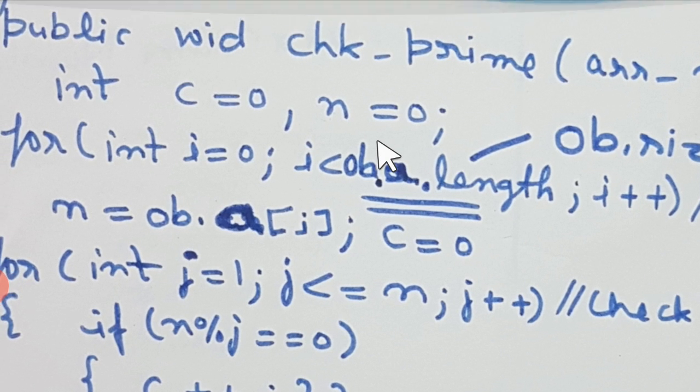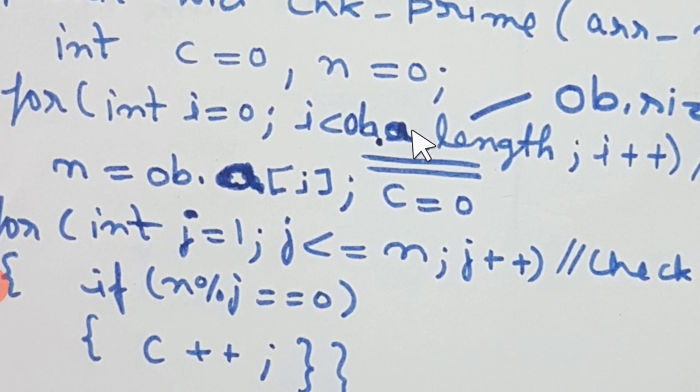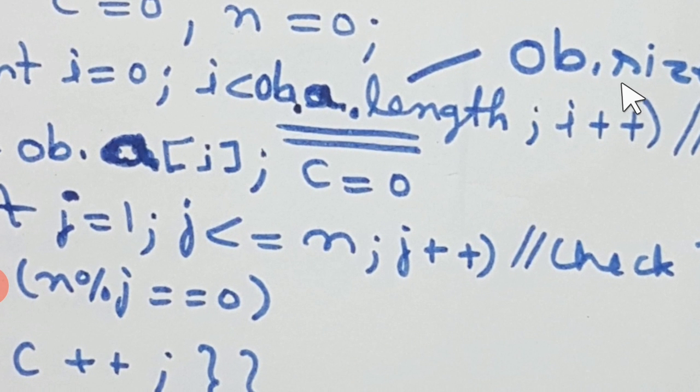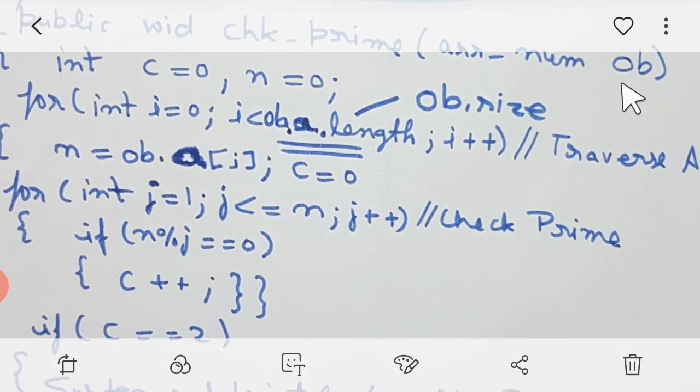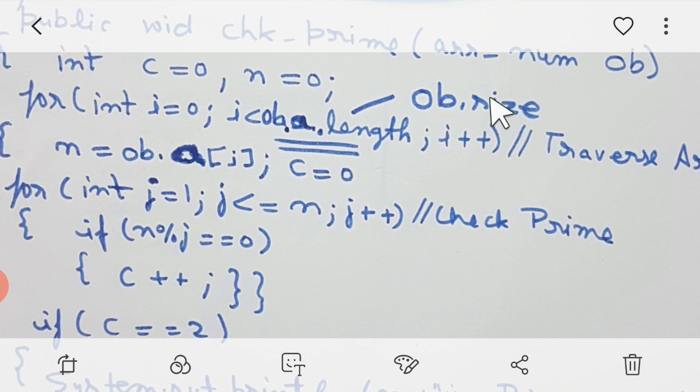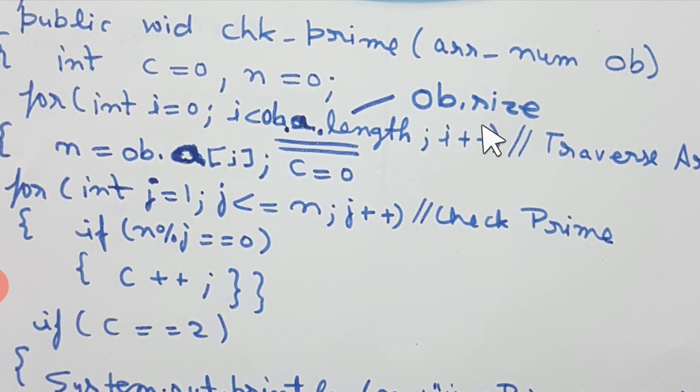After that, the name of the array, so definitely the data member's name or the array name is a, and then its length, so .length. Or you can straight away write ob.size, that is also perfect, there is no problem at all. And we increase the i by 1.